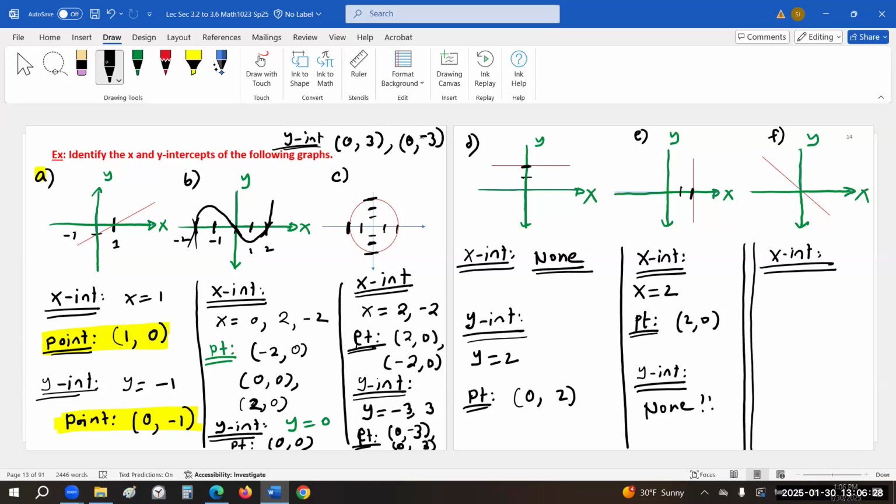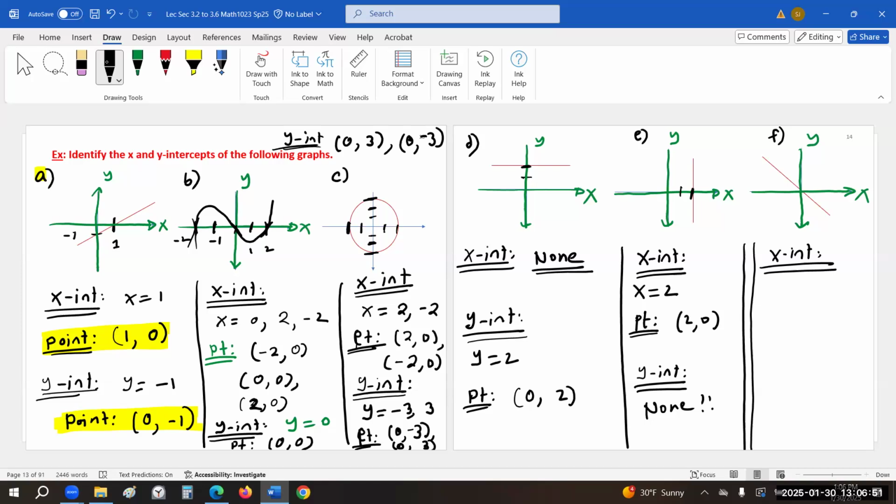So this is a y-axis, right? And the line crossed it. So we have a y-intercept here. Anytime you cross the y-axis, you have an intercept. Anytime you cross the x-axis, you have an intercept. But in here, we didn't cross the y, so we cannot have y-intercept.